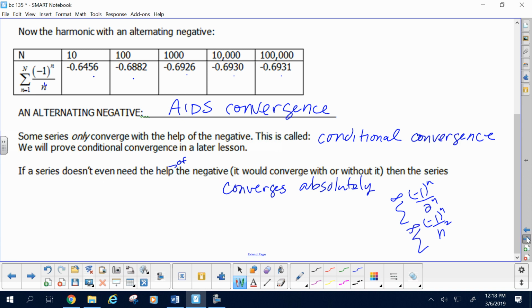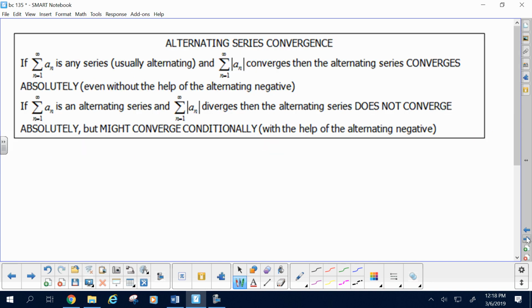All right. Let's look at what a problem or two will look like then. The definition of absolute convergence: if this is any series, but it's usually alternating, you don't usually talk about absolute convergence for positive term series. So if the absolute value of the series converges, then the series converges absolutely, just like we talked about, even without the help of the alternating negative.